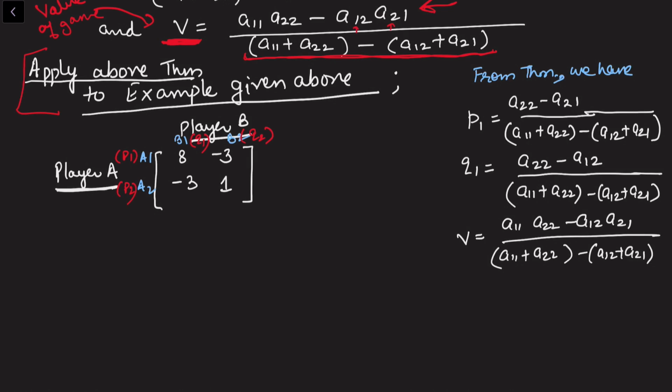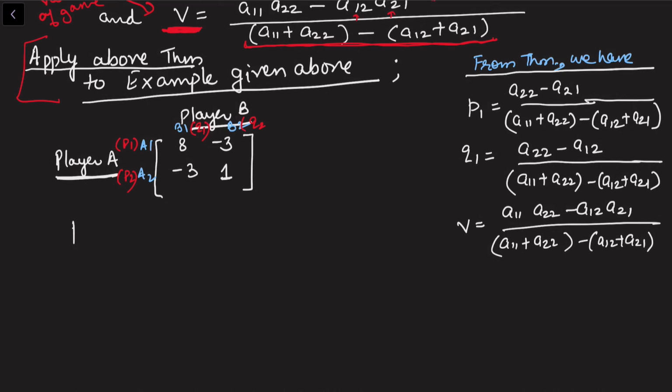Now in this case, I simply want to apply this formula. So let us see what P1 is, and to calculate P1, I am just writing the elements in matrix notation so that we can read which are the elements. For P1, I want to calculate A22 minus A21, which is given here in the numerator. So this way I am going to subtract.